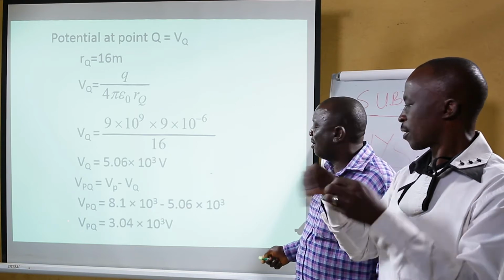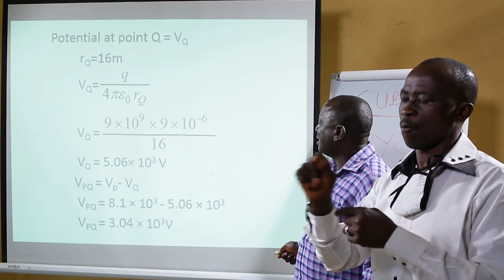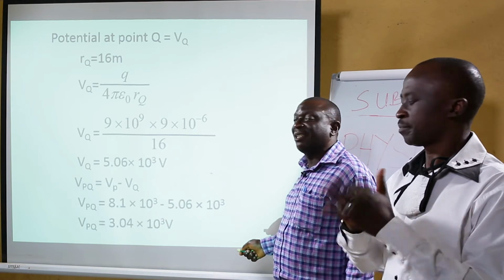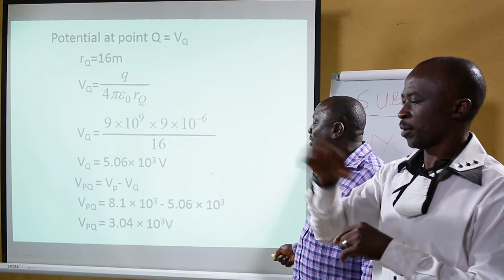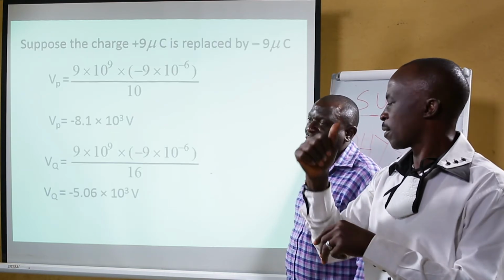And that gives us Vpq equals 3.04 times 10 to power 3 volts. That means the potential difference between point P and point Q is 3.04 times 10 to power 3 volts.